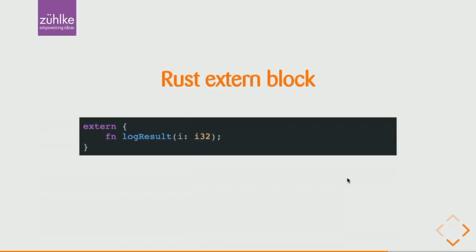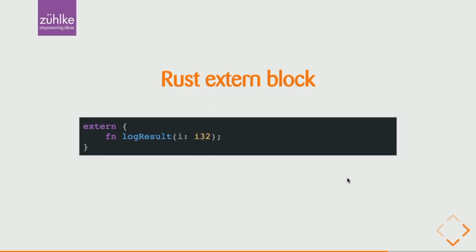On the Rust side, the compiler will obviously complain and say, no, no, no. You call a function that doesn't exist at compile time. So we have to tell the Rust compiler, please trust us, we will have that function at runtime. You don't see it at compile time, but that doesn't mean it won't work. We promise you, we will add that function at runtime. So this is the extern block.